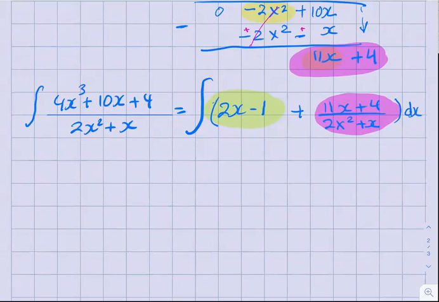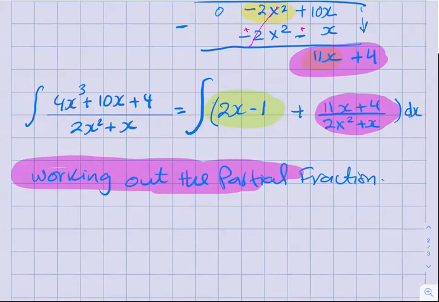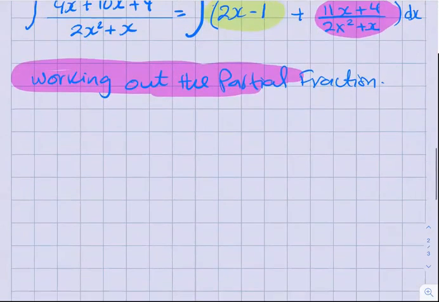So, working out the partial fraction. What we have here is 11x plus 4.